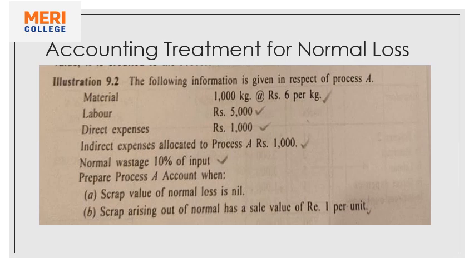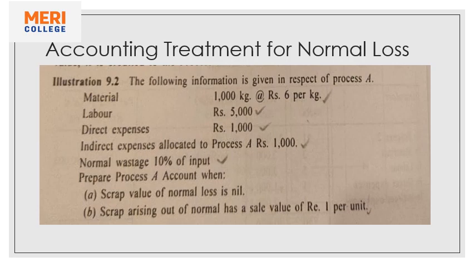Since we can't avoid it and it is there, if we have something physically present in the form of scrap, we can sell it out, and if it's not there, obviously we cannot sell it out. So let's treat it in both cases, if we have some scrap value and if we don't have any scrap value.